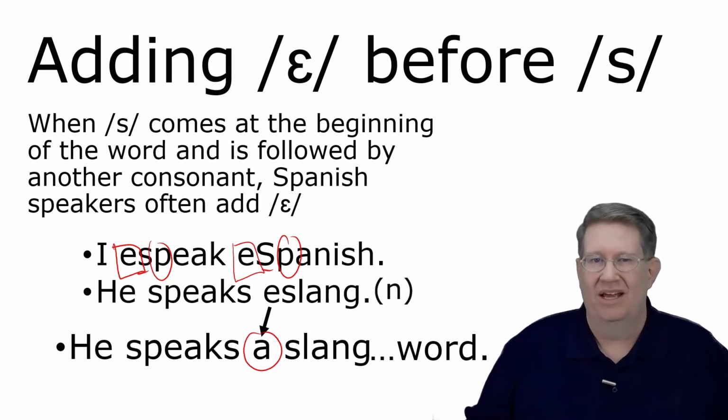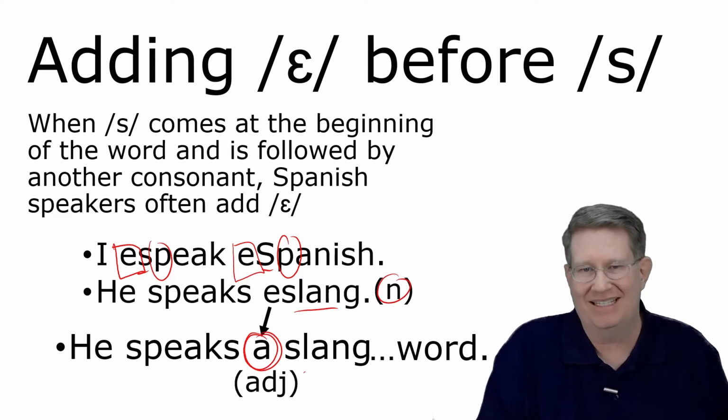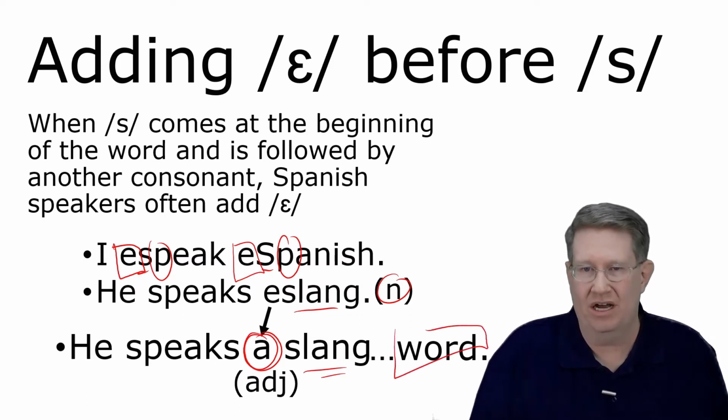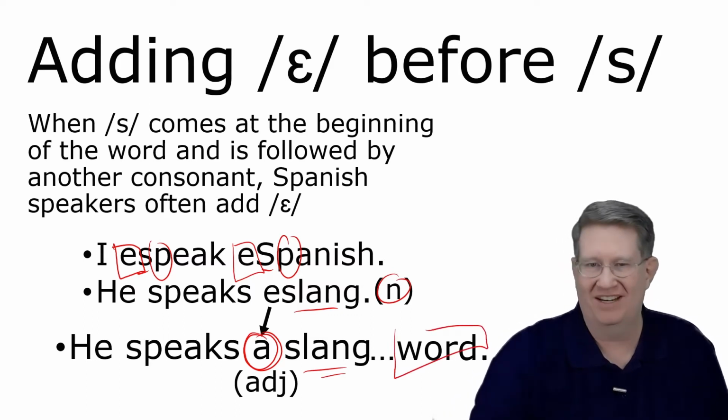Okay? So you're trying to say it this way. He speaks slang. You're trying to say it as a noun. But when you add this E now, you've made this slang an adjective. So now I'm really confused because this noun is never going to come because that's not what you're trying to say. You're trying to say this sentence instead.